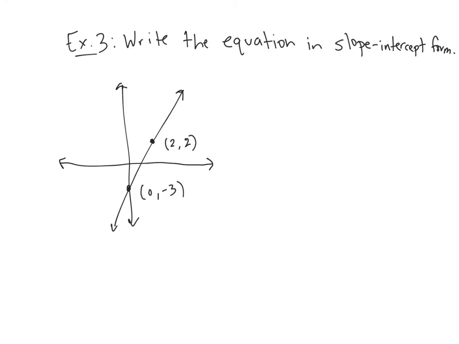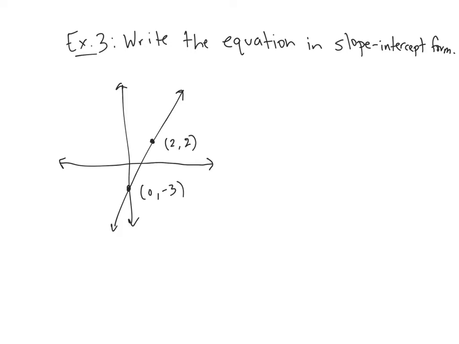All right, let's look at a second type of problem where we're trying to write the equation of the line in slope-intercept form. But they may not always give you the slope and the y-intercept. Instead, sometimes they might give you a graph, which really gives you the same thing, right? They may give you a graph with 2 points labeled and ask you to write the equation of the line in slope-intercept form.